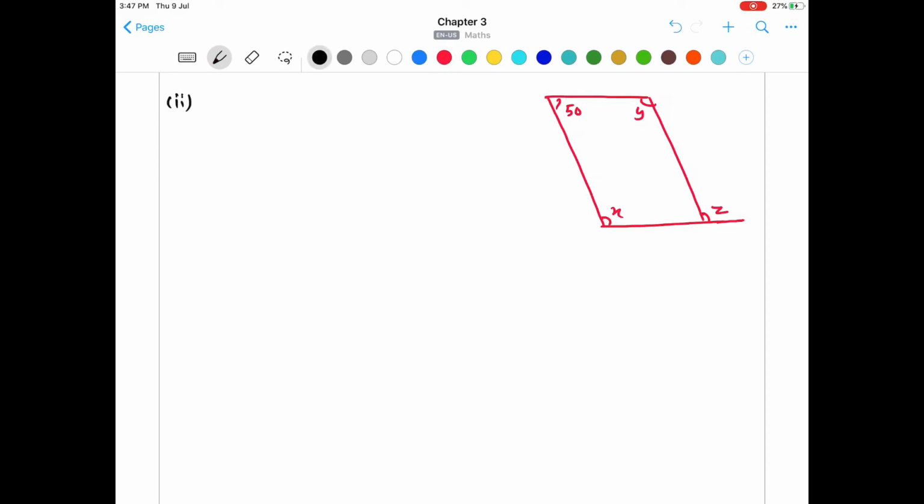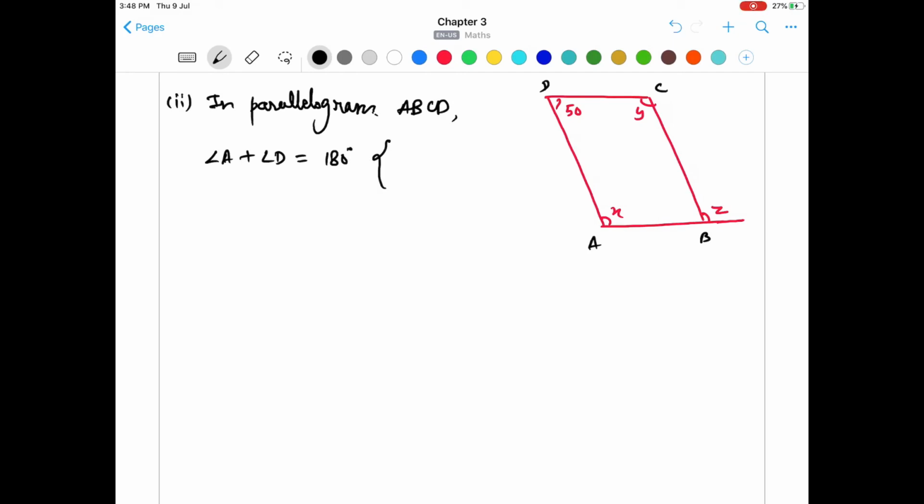Okay, so let's start. Let's name it parallelogram ABCD. We'll start from here, A, B, C and D. So write in parallelogram ABCD, the angle A plus angle D will be equal to 180 degree.